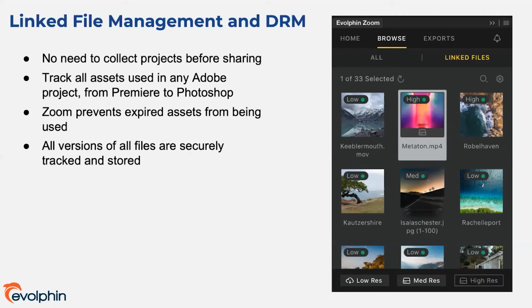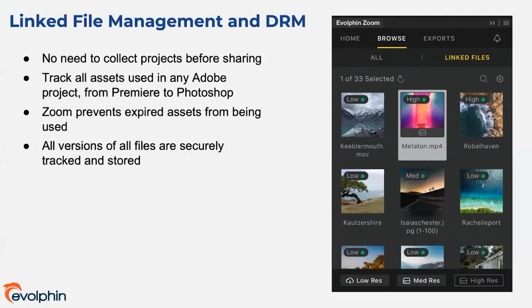The other way it helps is with digital rights management, where let's say a video file or an image file had expired, the licensing ran out and you're no longer allowed to use it. And suddenly you have to replace it from a bunch of banner ads or some videos, and you don't know which projects have it and which projects don't.